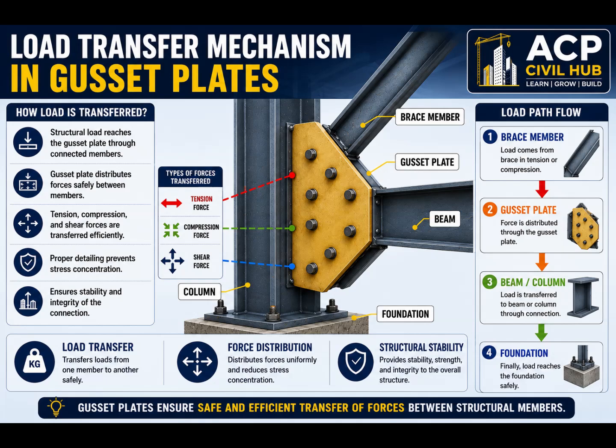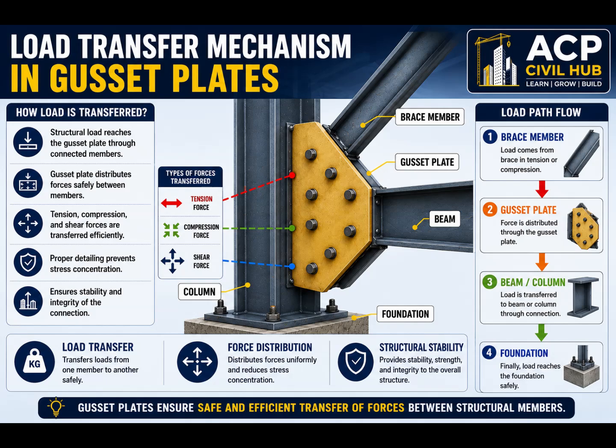After distribution, the load moves into the supporting beam or column. Finally, the load travels through the structural system and reaches the foundation. Therefore, the complete load path can be summarized as brace member, gusset plate, beam or column, and foundation.